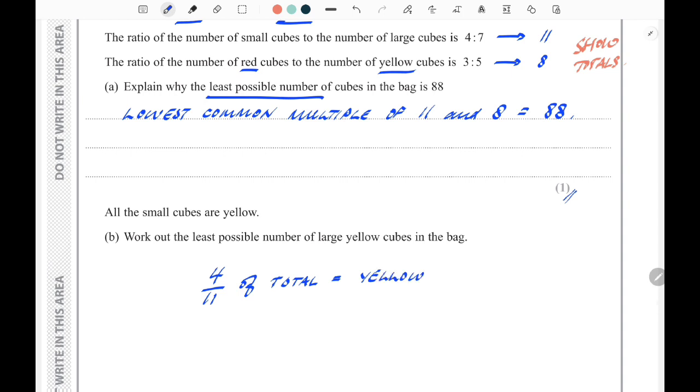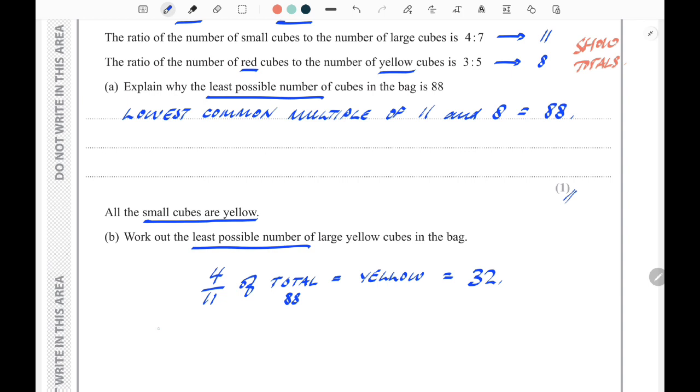Their small cubes are all yellow, and remember, we're working with the least possible number again, so that's again 88. So 4/11ths of 88 is 32.